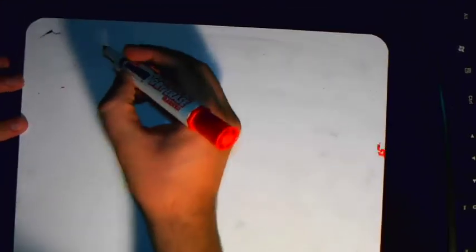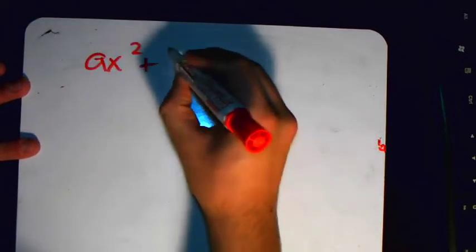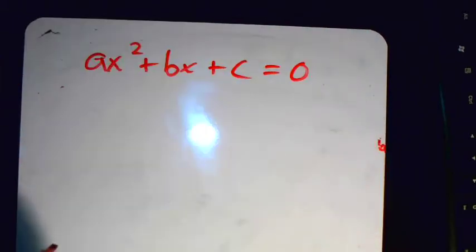Let's assume we're given any quadratic equation that is ax squared plus bx plus c equals 0.